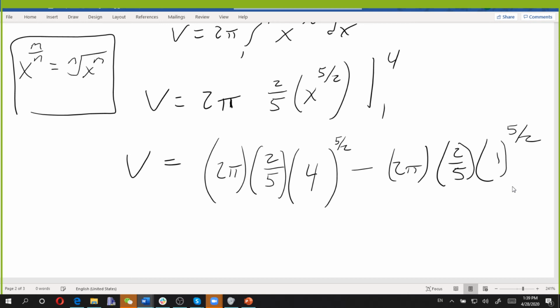Is there a square root of 4 to the 5th power? Yep, so what's the square root of 4? 2. And what's 2 to the 5th power?